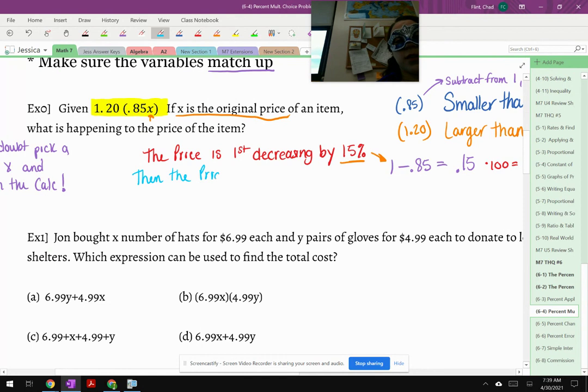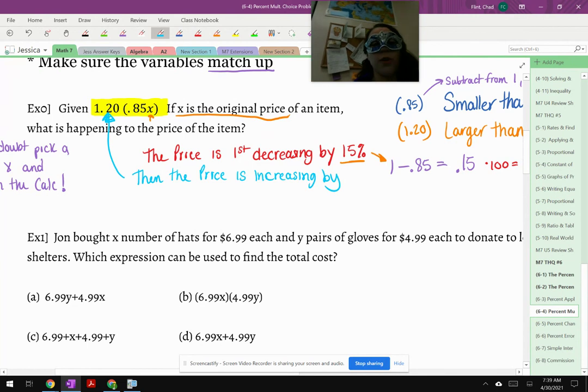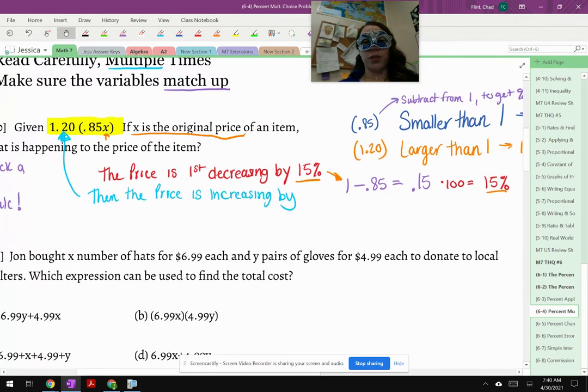Then the price is increasing by looking at that next number, that 1.20. The 1 is what makes it bigger. The percentage is stolen from the decimal after it, the 0.20.